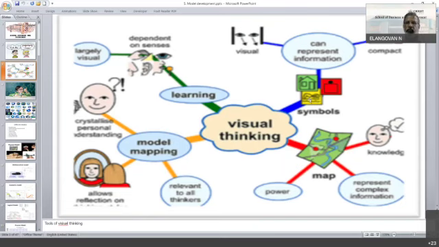The third tool used for visual thinking is the model. A model is something representing reality.